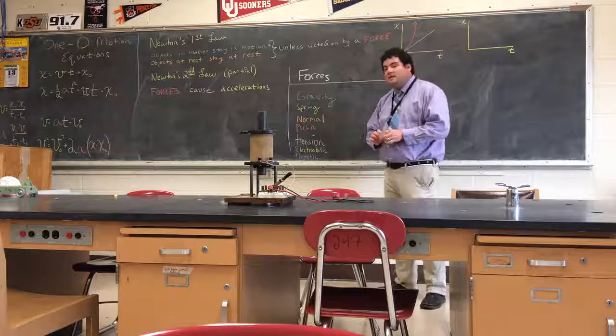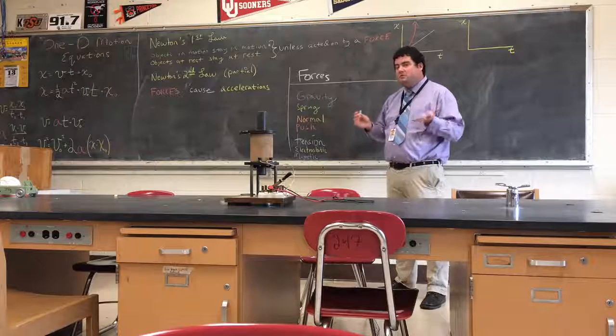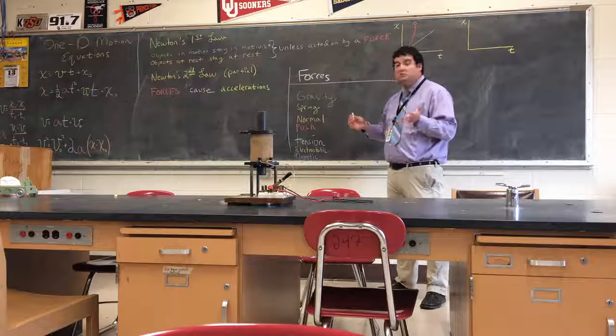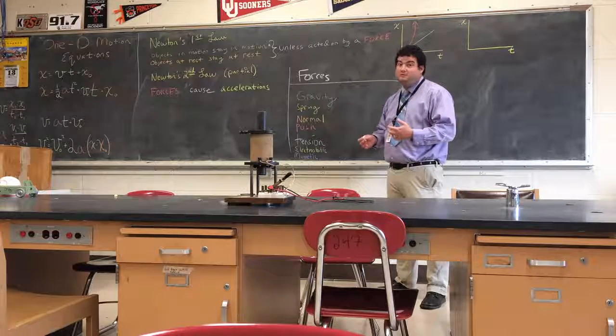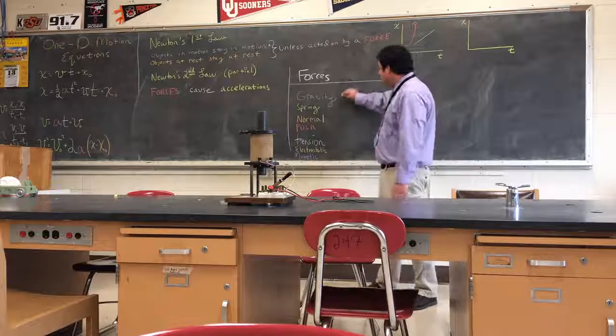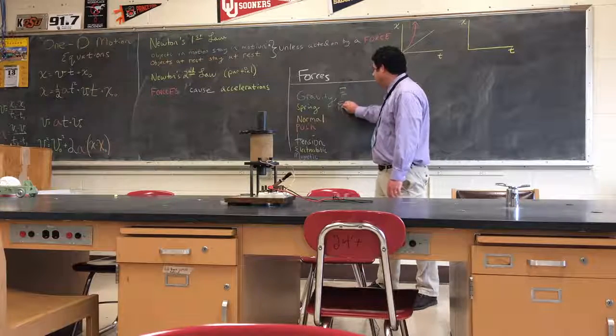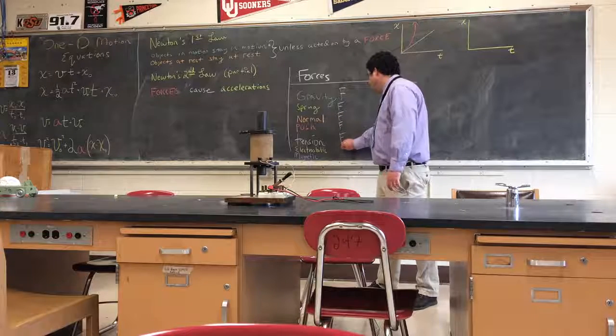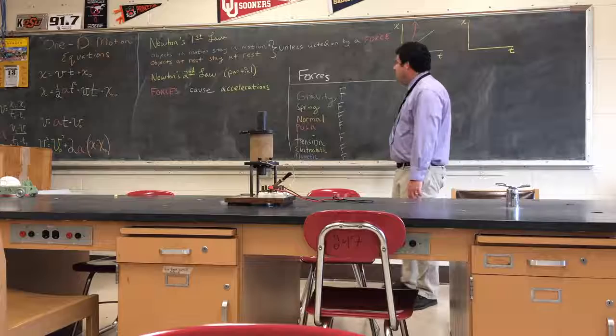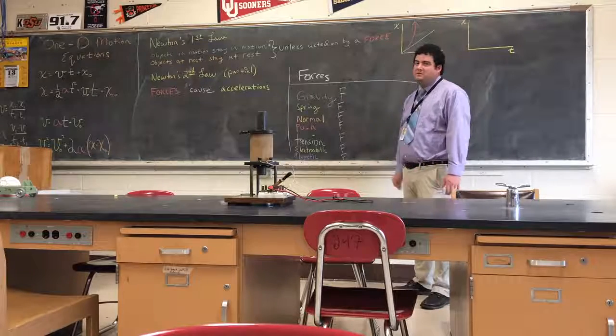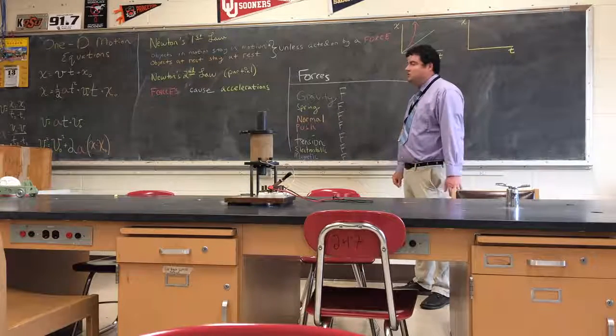Forces are written in a code that makes you always be able to identify that they are a push or a pull that's going to change motion. So that code is that they all start with F for force. And then you just put a little subscript, a little post-it note on there to remind you what they are.